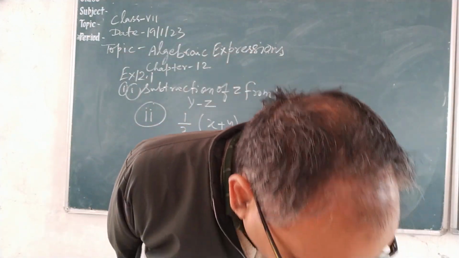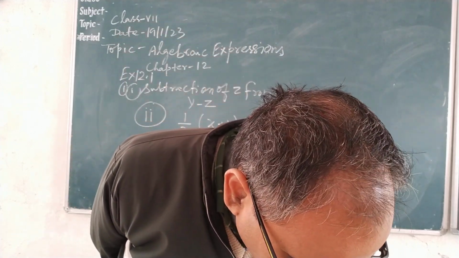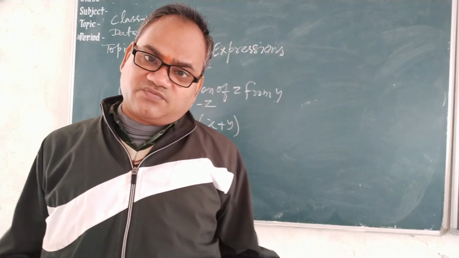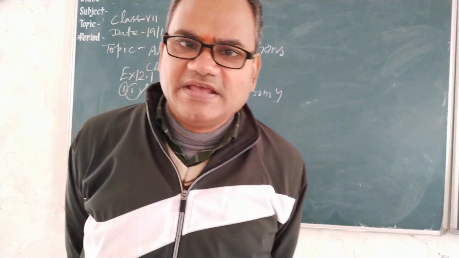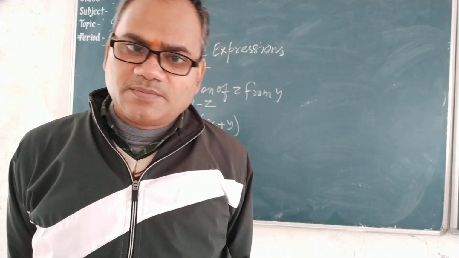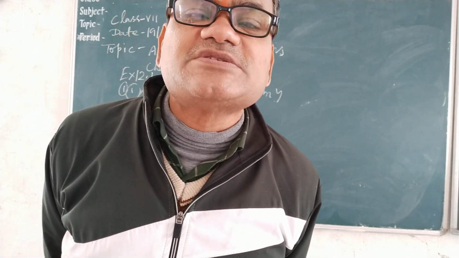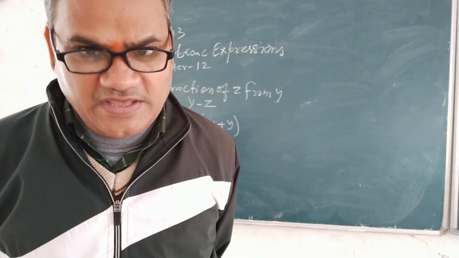Similarly question number 8. Look here. Sum of numbers a and b subtracted from their product. Sum of numbers a and b means a plus b, and what is their product? A into b, ab.